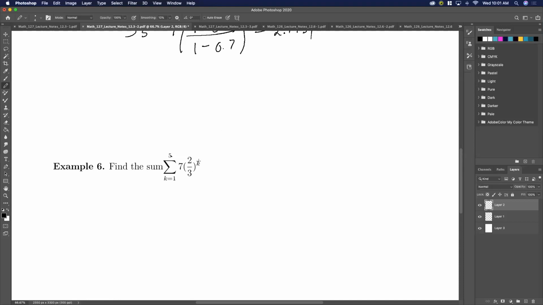So when k is 1, we have 7 times 2/3, plus when k is 2, we'll have 7 times 2/3 squared, plus when k is 3, we'll have 7 times 2/3 to the 3rd, plus 7 times... I'm writing this out for a reason.